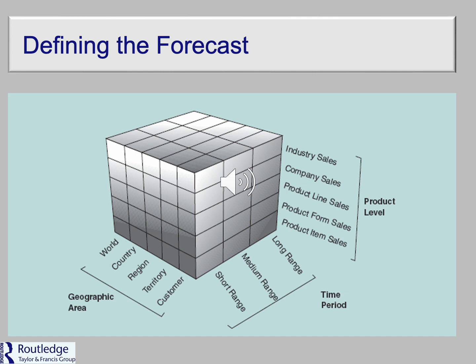Managers need to be very specific in defining the geographic area, the time period, and the product level for a forecast to truly provide valuable and accurate information to not only their decisions, but also for top management.